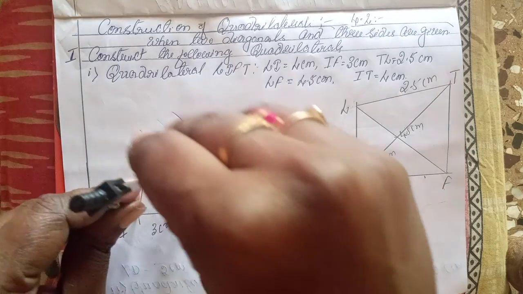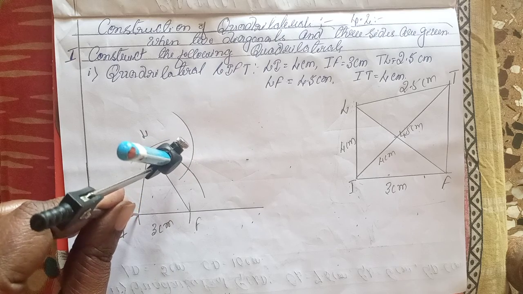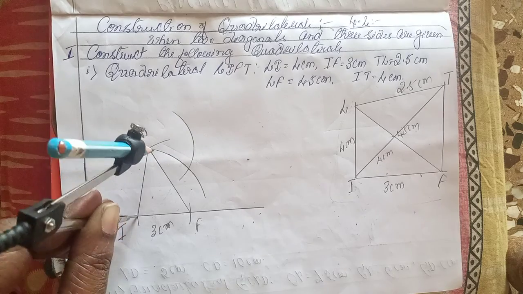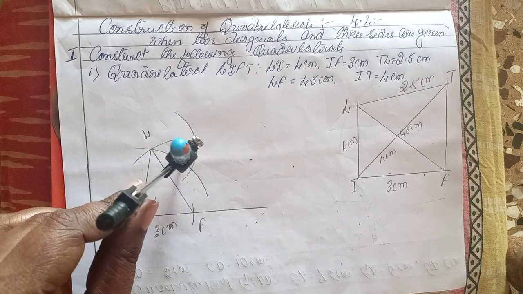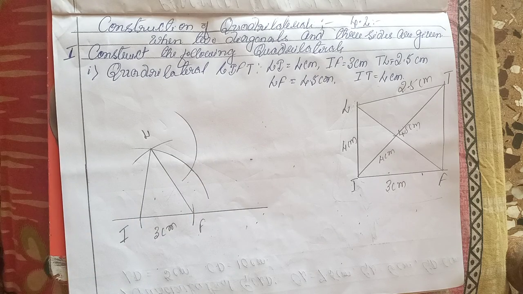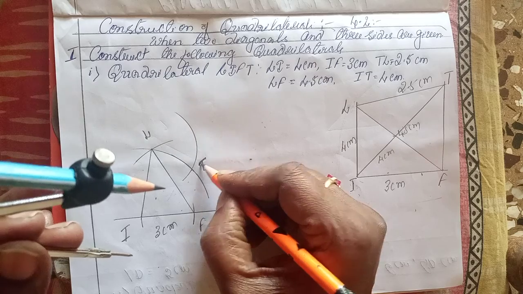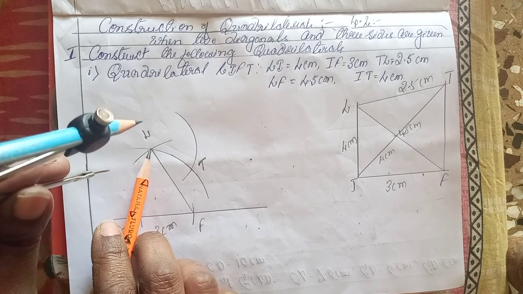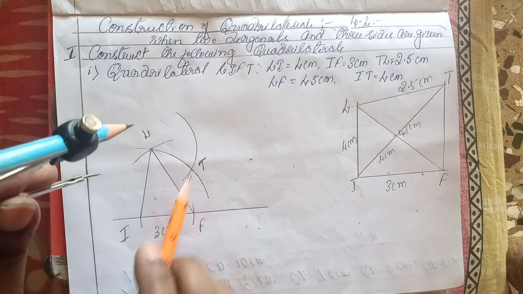Okay students, what you are doing? Cut an arc like this, which cuts the previous arc of L and T. The point of intersection of those two arcs will be T. Here, from L we made a cut of 2.5 centimeter like this.